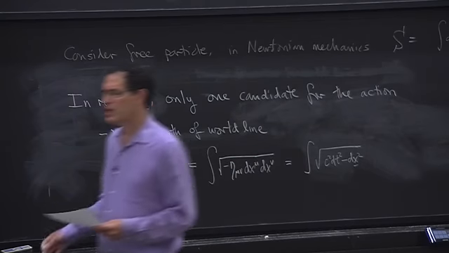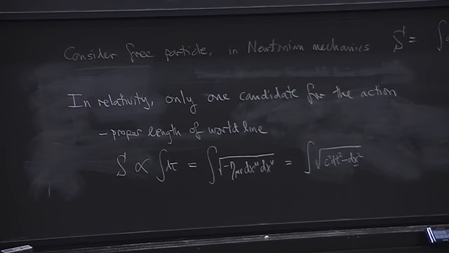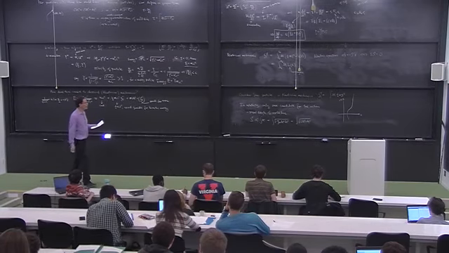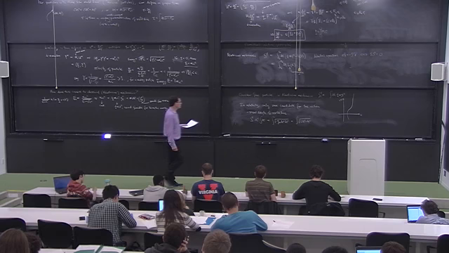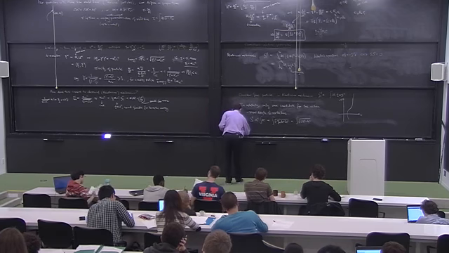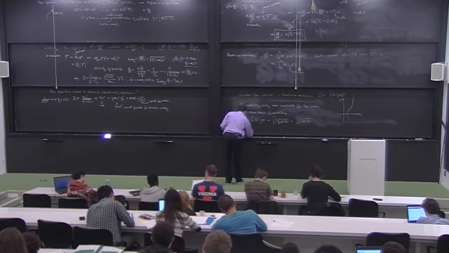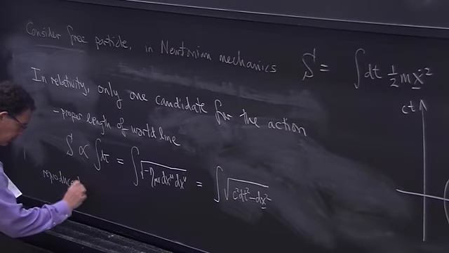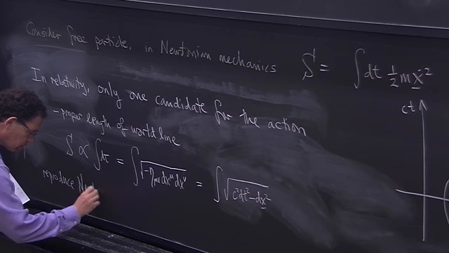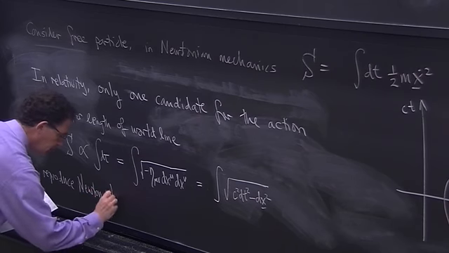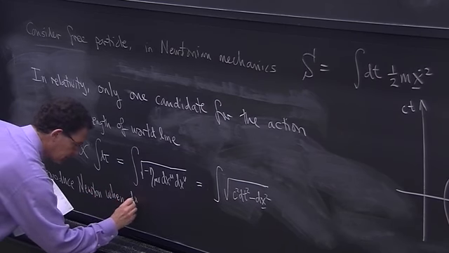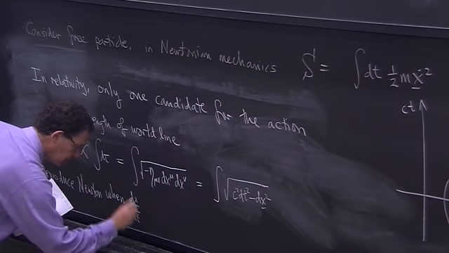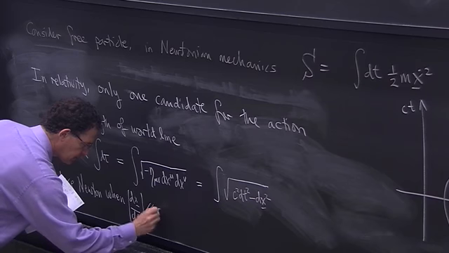Now the first thing is I want to reproduce Newtonian mechanics in the limit where the velocity dx/dt is much less than c.